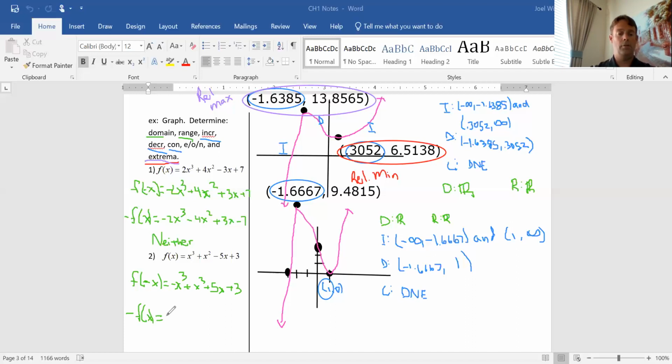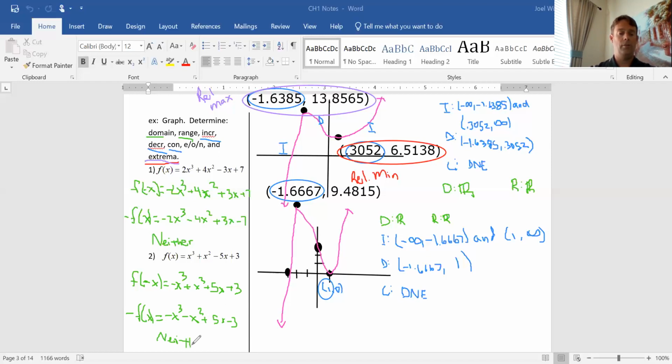And again, since none of the three are the same, that makes it neither.